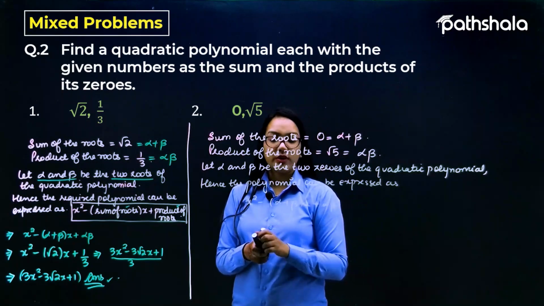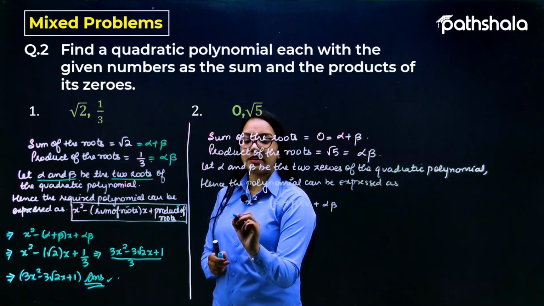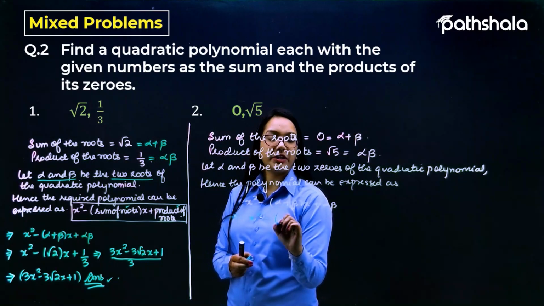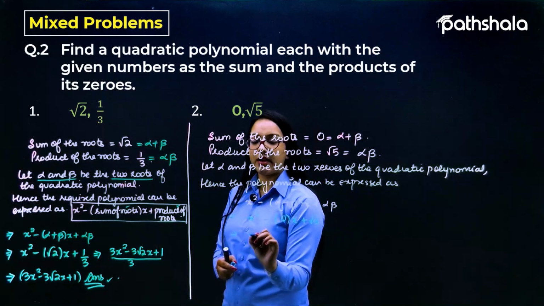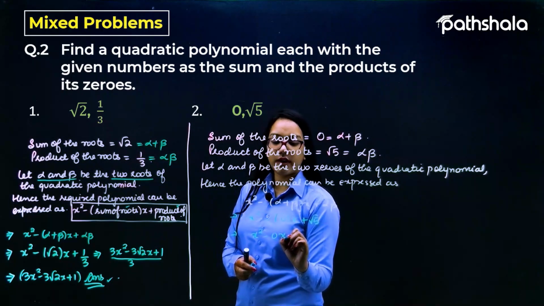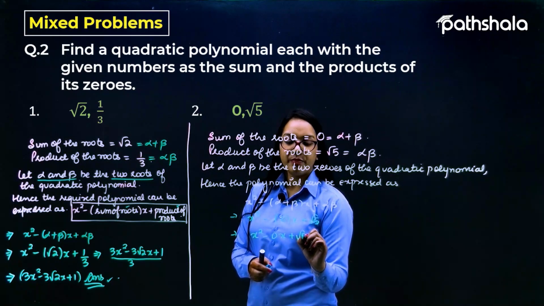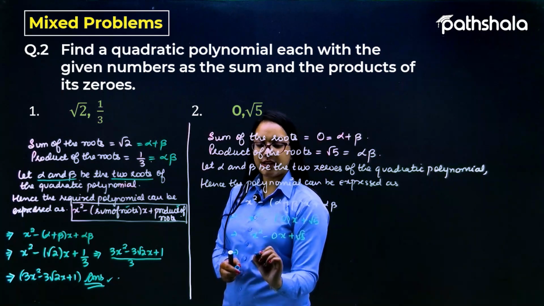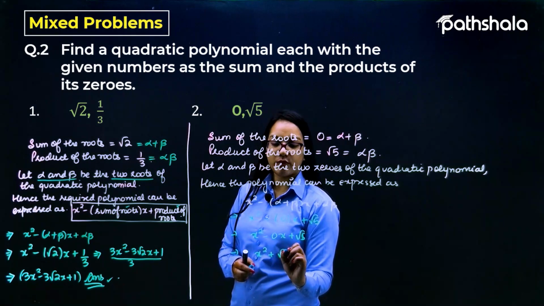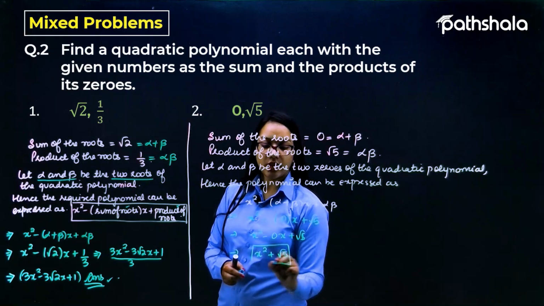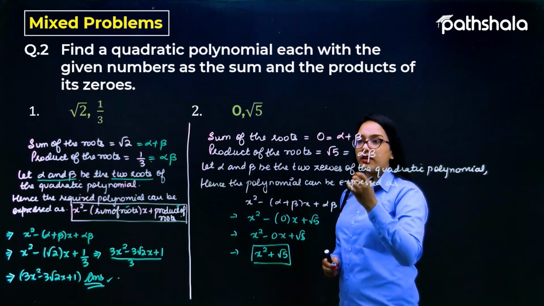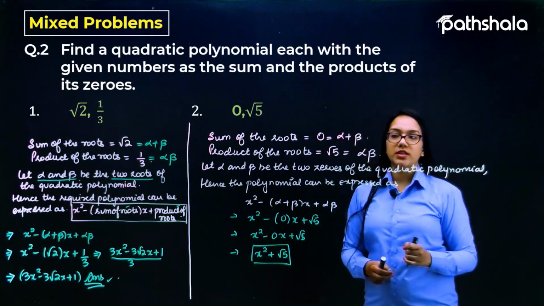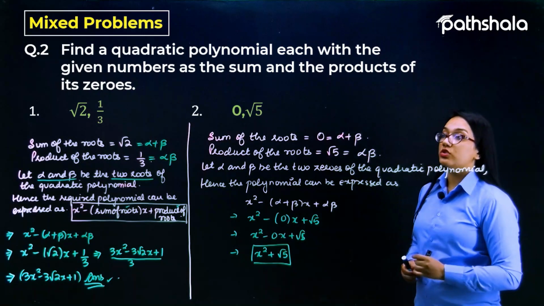Let's substitute all the values. We get x square minus 0 into x plus root 5, or we can write it as x square plus root 5, which is the quadratic polynomial in which the sum of the roots is 0 and the product of the roots is root 5.